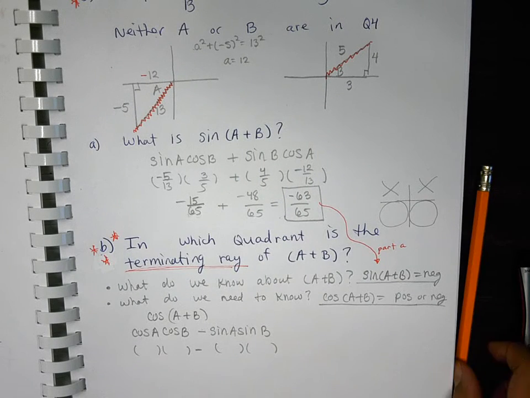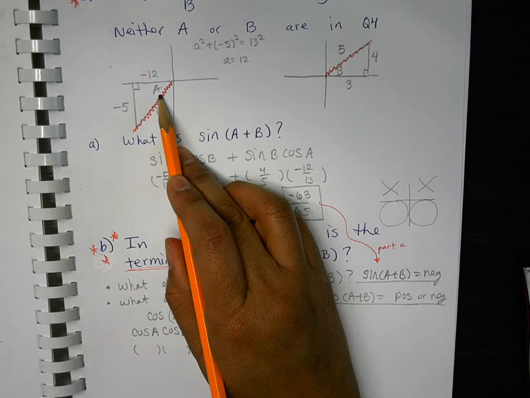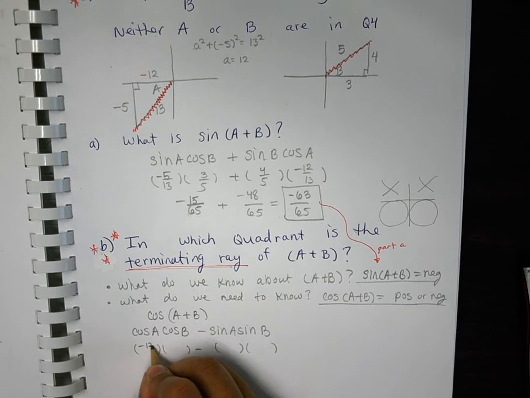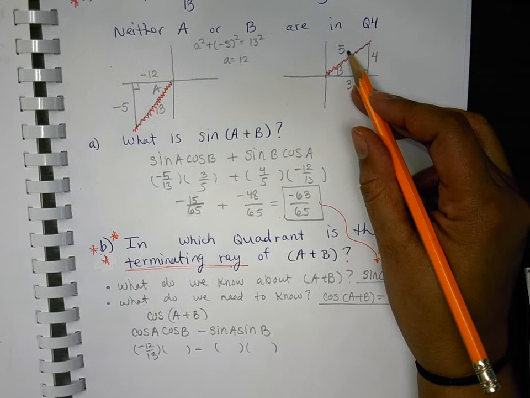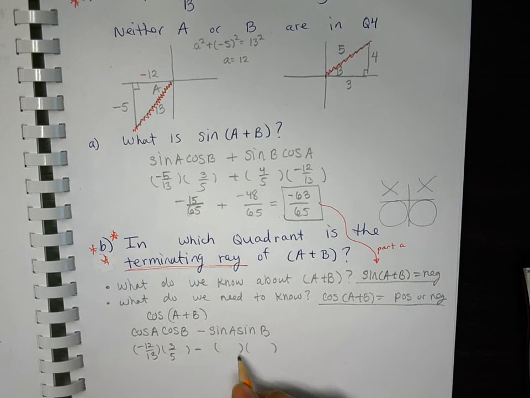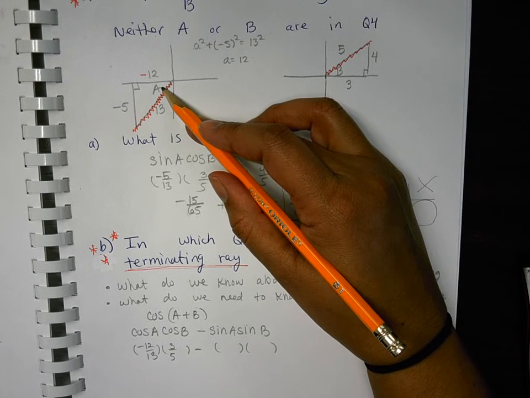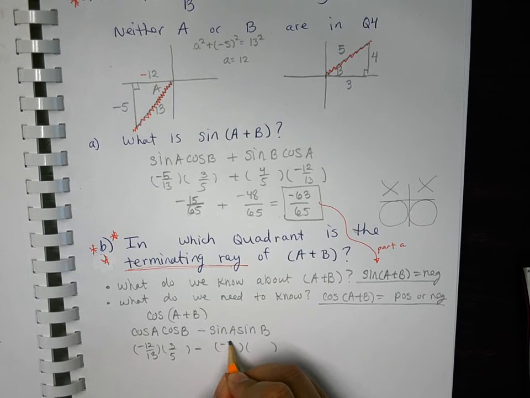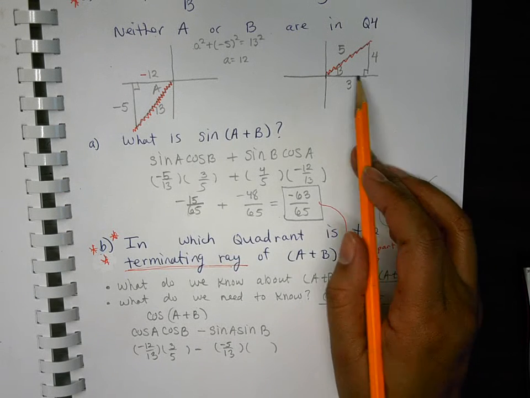So I'll start the first one with you. What is cosine of A? Negative 12 over 13. Cosine of B? 3 over 5. Sine of A? Negative 5 over 13. And sine of B? 4 over 5.